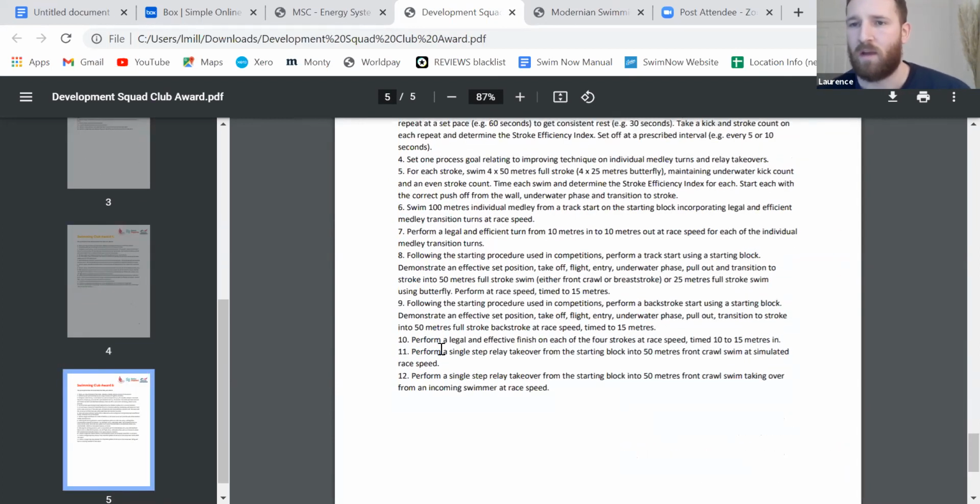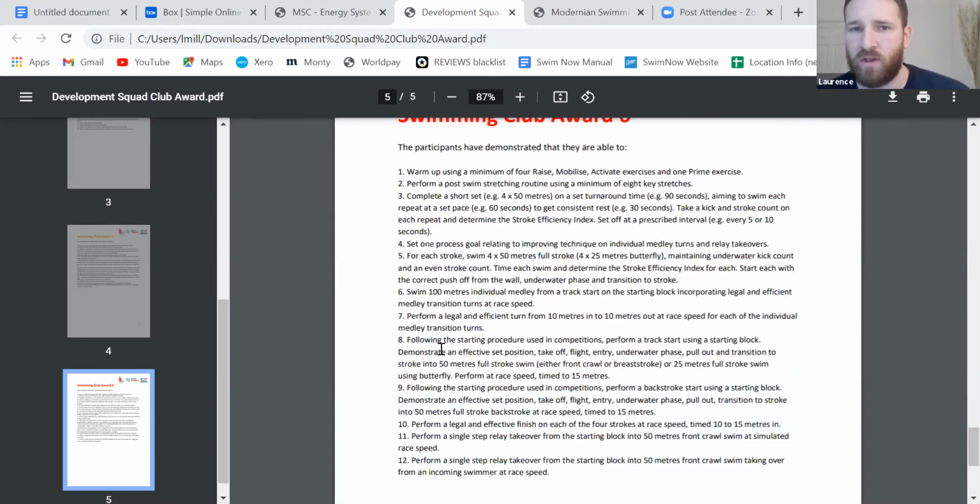So as much as the coach doing the development squad is doing their own thing, I want them to be aware of these 12 points here. We're not handing the award out, we're not delivering a certificate, but I want them to base their sets and their sessions around these things, because when they move into a more full-time squad where they're perhaps swimming 3 or 4 times a week, 10, 11 years old, I want them to be able to do all these things.